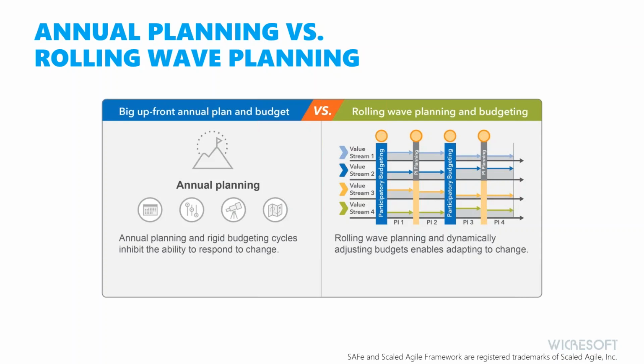And so what SAFe encourages us to do is to put everybody, all these different value streams or divisions of value or lines of business, onto the same cadence, so that every quarter all of us, no matter what we're doing, have this coinciding event.